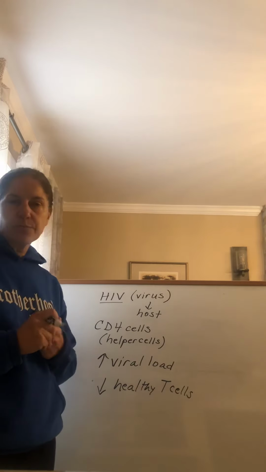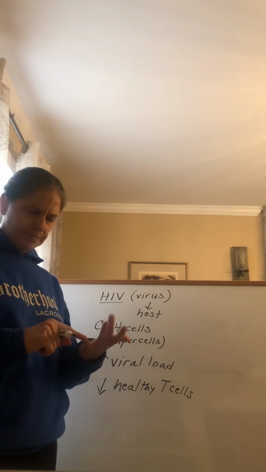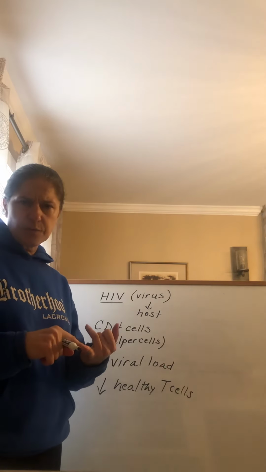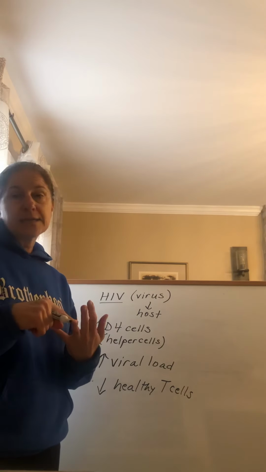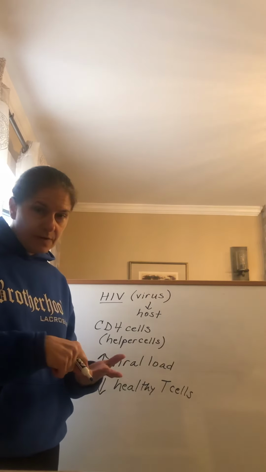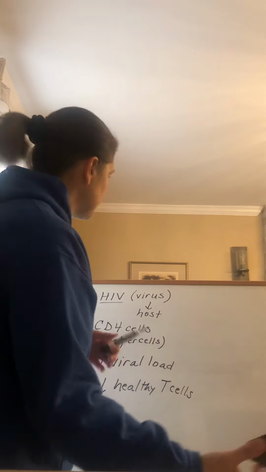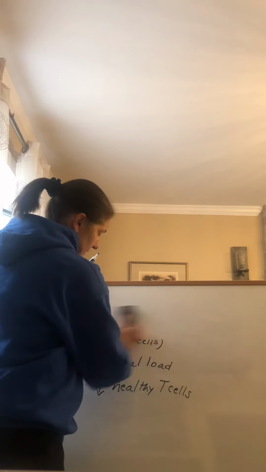Well, if you decrease the number of healthy T cells, and they're taking care of jobs like helping other aspects of your immune system to function, or in the case of the CD8 cells, directly attacking and killing other virally infected cells, then someone with HIV becomes severely immunocompromised.